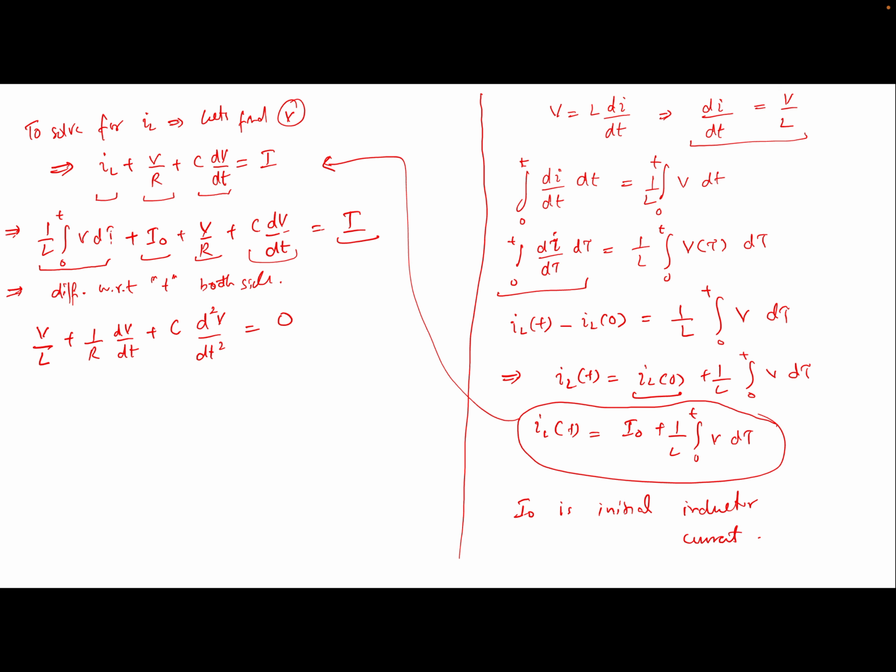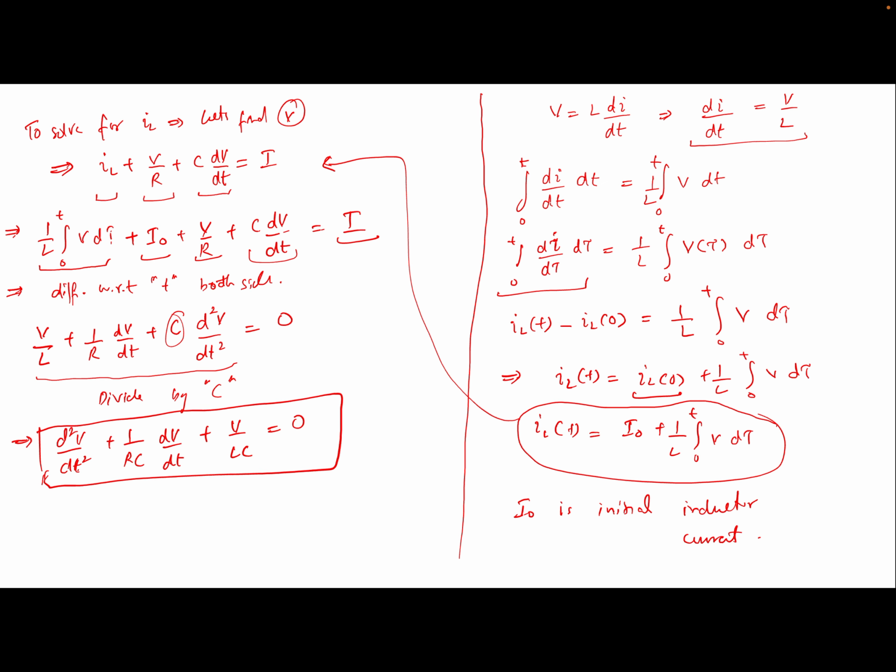Again, this is a second order differential equation, and in order to write it in a more standard form, I can divide the whole equation by this constant C. I will be left with d square V by dt square plus 1 over RC dV by dt plus V over LC equals 0. So here is the expression for the voltage that we got: d square V by dt square plus 1 over RC dV by dt plus V over LC equals 0.